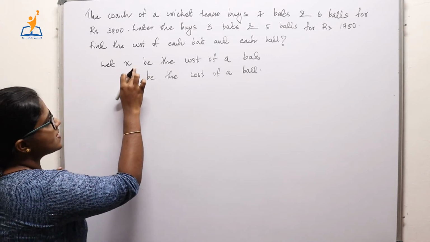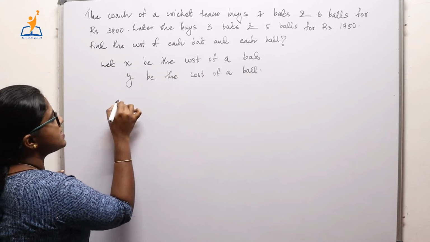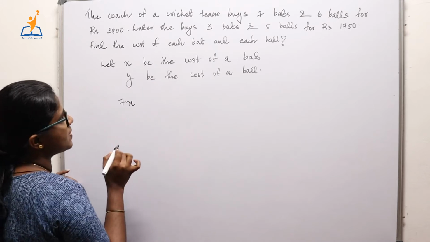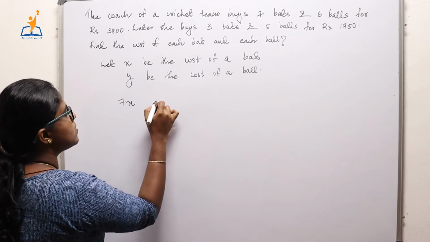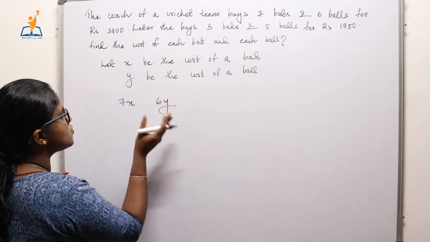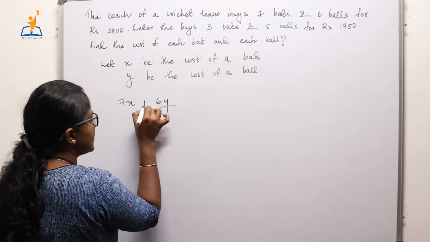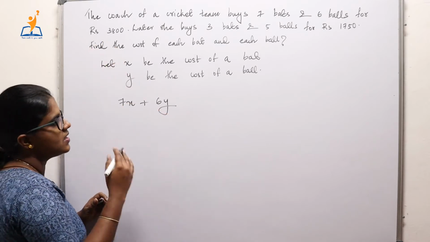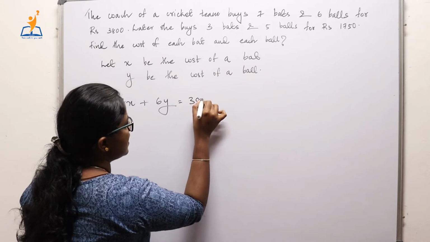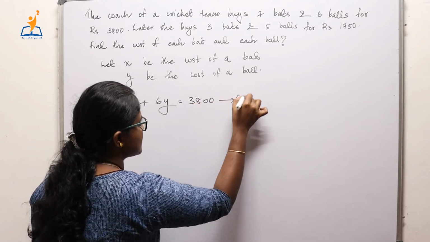A bat costs x rupees, so 7 bats will cost 7x rupees and 6 balls will cost 6y rupees, and together 7 bats and 6 balls cost rupees 3,800. Therefore 7x plus 6y becomes 3,800. So this is our first condition.